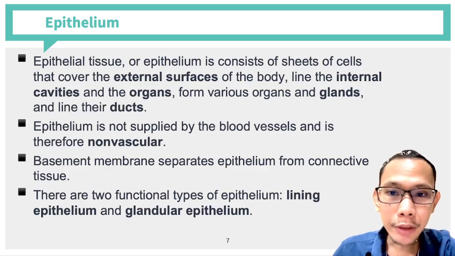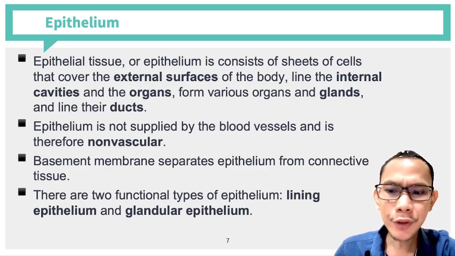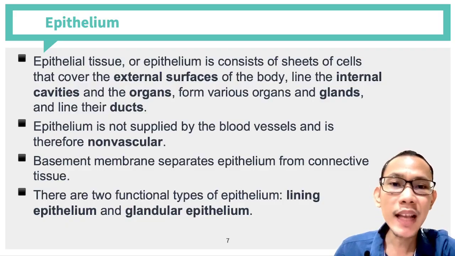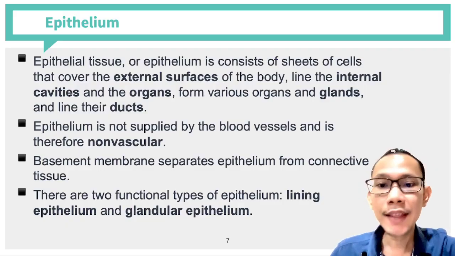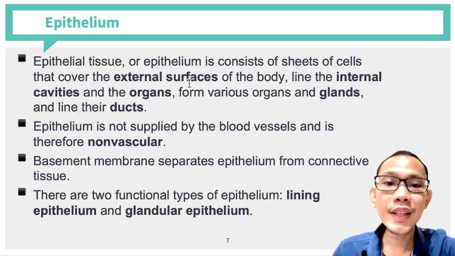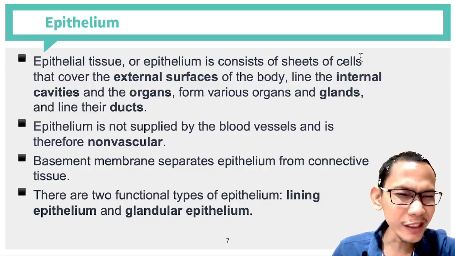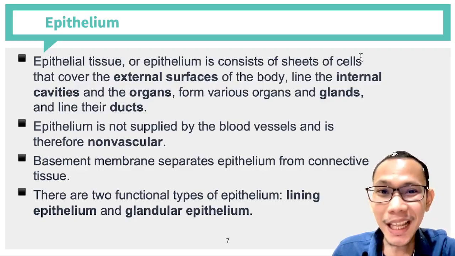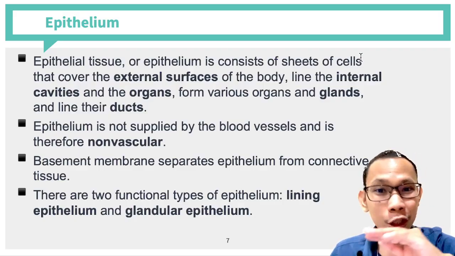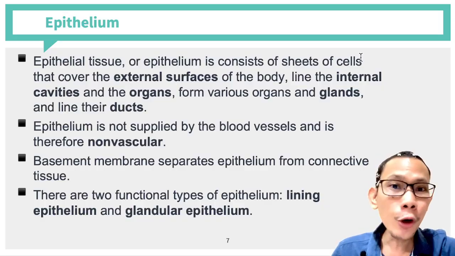Before we go directly to your epithelium, let's first have an idea of what an epithelium is. As I said, epithelium covers the external surfaces of the body and consists of sheets of cells. Later on, you will see how many layers of epithelium there are. Is there only one layer, two layers, or many layers?